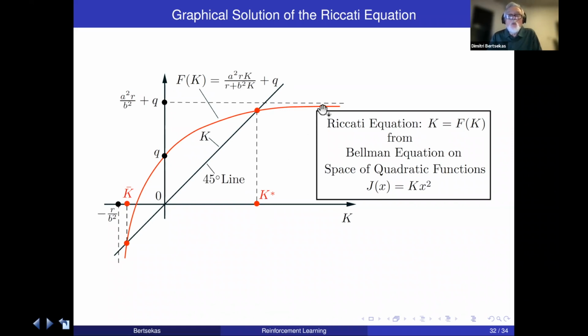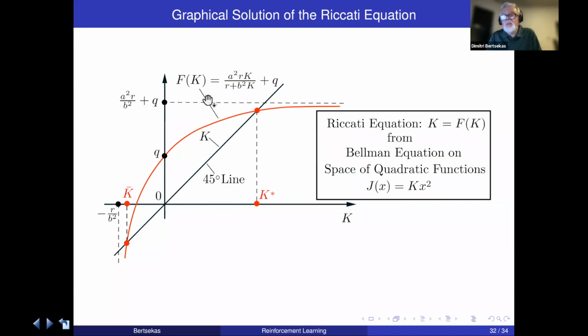So we plot this expression, this F of K, it's this red curve, and it is a function of K, right? It's a nonlinear function because it involves K in the denominator as well. It turns out that it is a concave function, okay? Goes like this, has a negative second derivative.